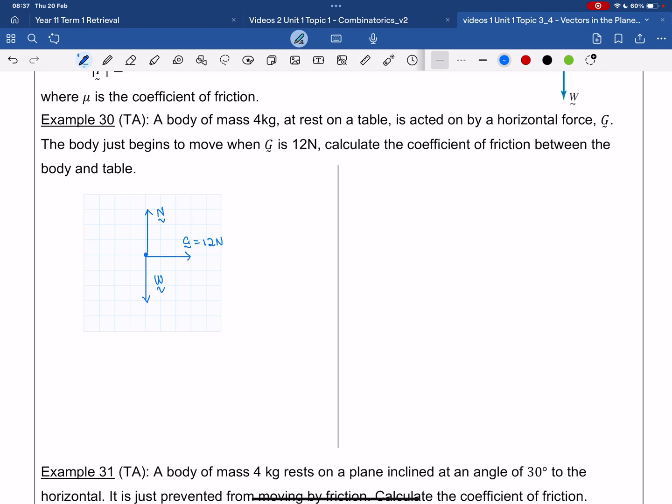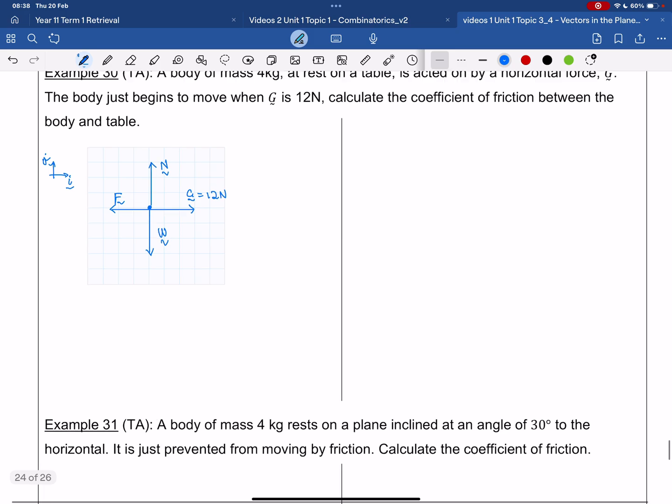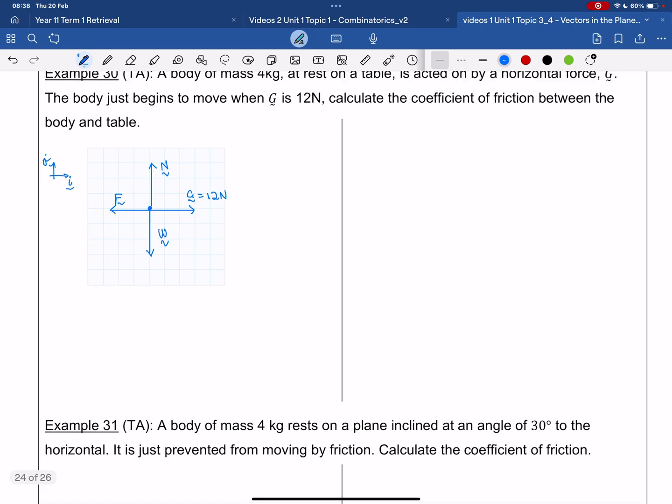That means it is just able to overcome the frictional force. Now, frictional force, let's put acting in the opposite direction to motion. And remember, we need to do our reference axes so that we know which direction our I's and our J's are in.